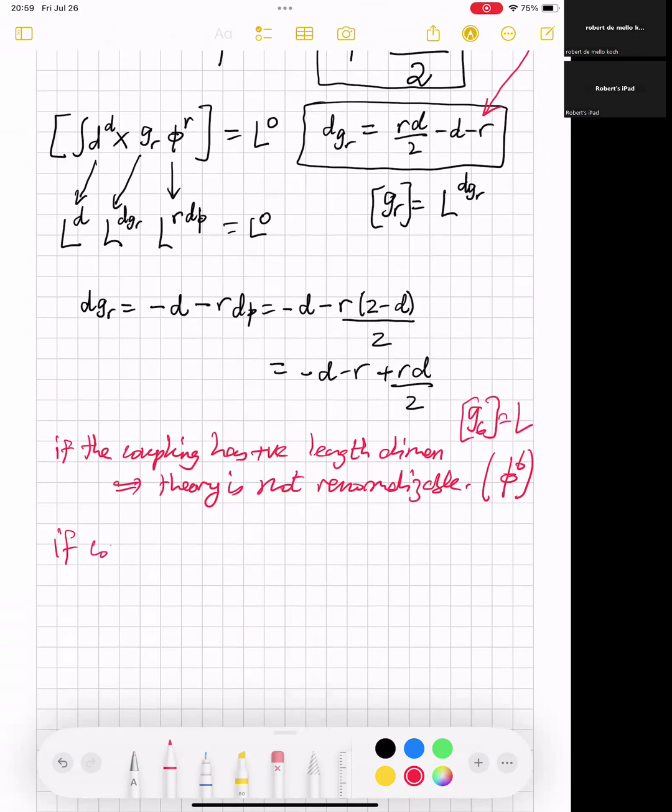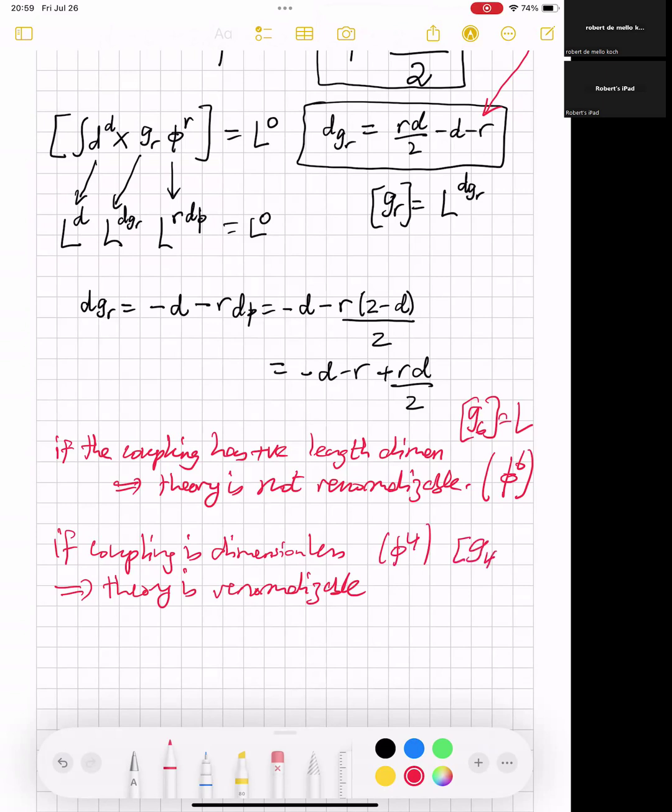If the coupling is dimensionless, then the theory is renormalizable. And this is like phi to the 4. And the dimension of G4 was length to the naught.